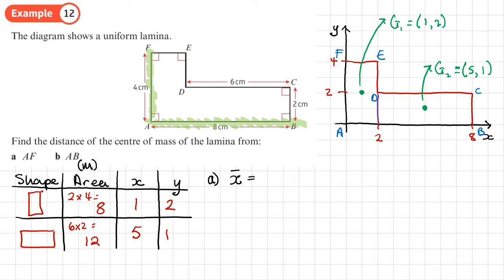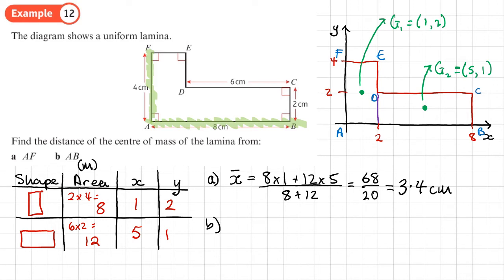So that's going to be 8 times 1, plus 12 times 5, over the sum of the masses, which is 8 plus 12. So that's 68 over 20, which is 3.4 centimeters.